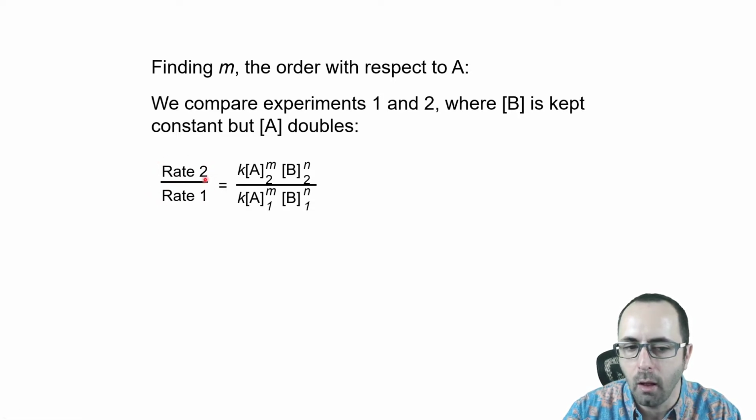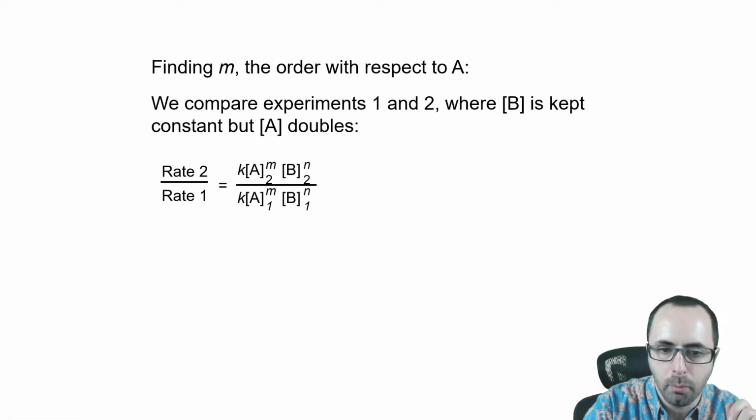The rate law for experiment 2 is K times the concentration of A in experiment 2 to its order, times the concentration of B in experiment 2 to its power. For rate 1, it's the concentration of A in experiment 1 to its order, times the concentration of B to its order.